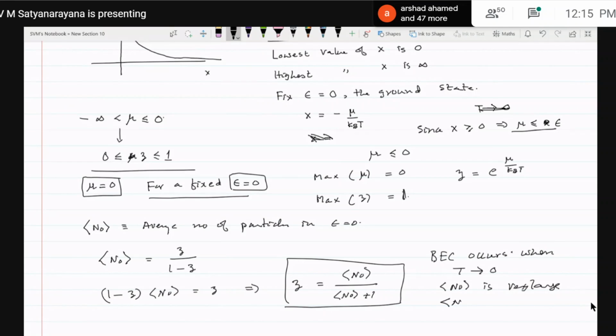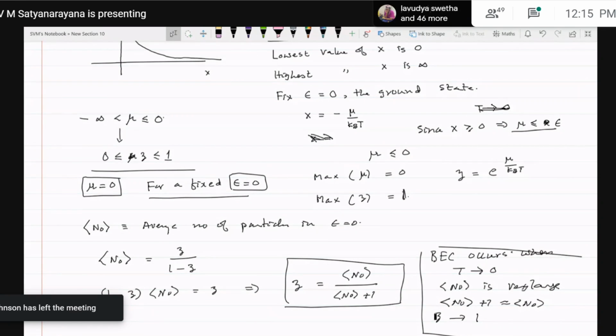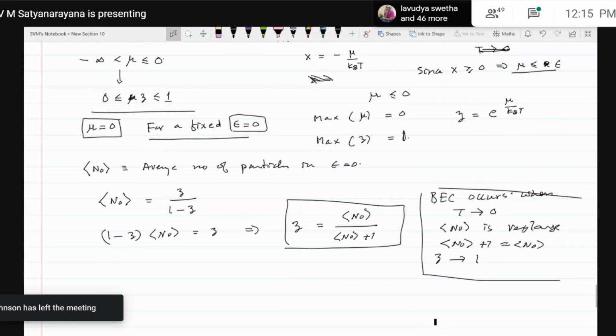So I can write this average n0 plus 1 as average n0 because this is very large. So that once again tells you that this z goes to 1. This is by looking at the average occupation number in the ground state.